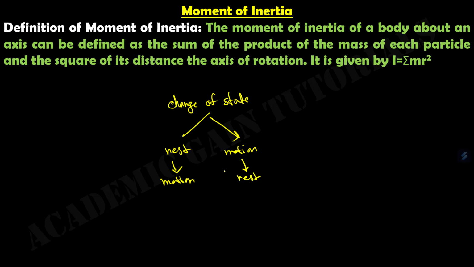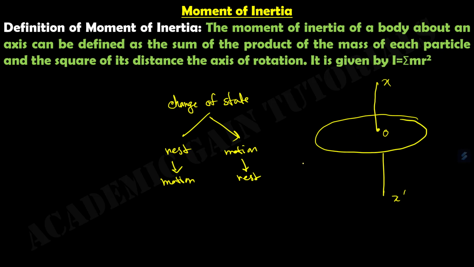In exactly the same manner, consider a freely rotating body about an axis. This is the axis of this rotating body. X to x prime is the rotating axis of this body. So, suppose this body is freely rotating about an axis x to x prime.